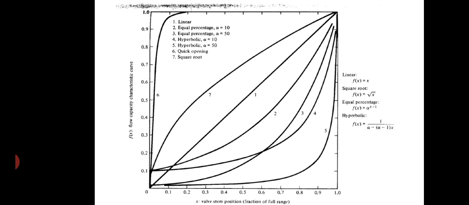Sixth number is the quick opening valve. So what is the meaning of quick opening valve, what is the meaning of equal percentage, what is the meaning of linear valve, we will try to learn. The concept of quick opening, equal percentage or linear valve depends on the opening of the valve from the supply pressure.